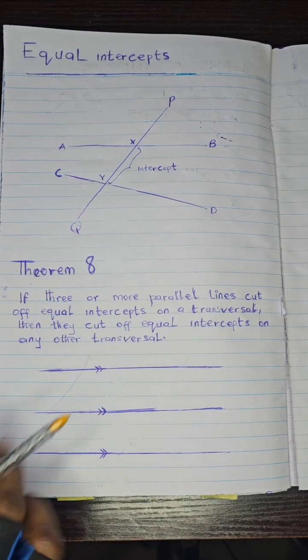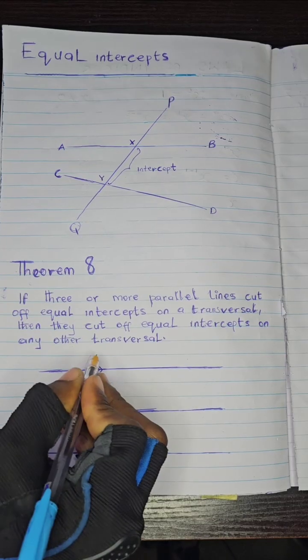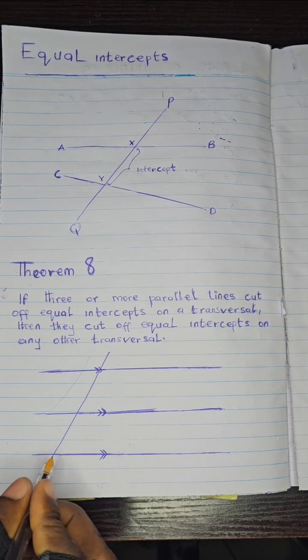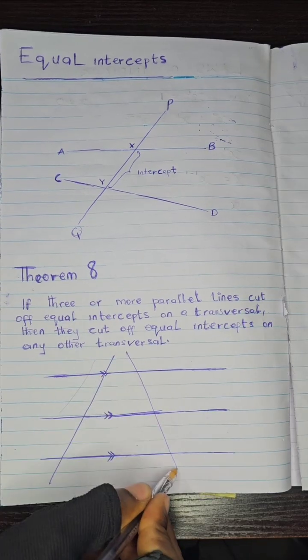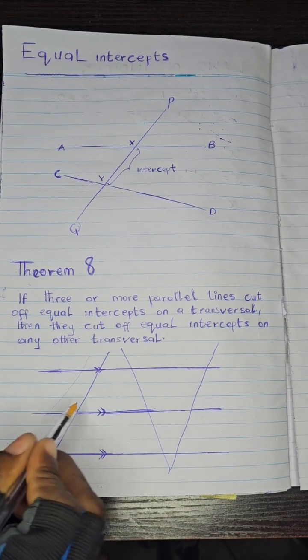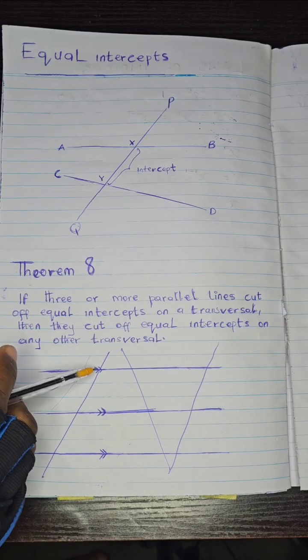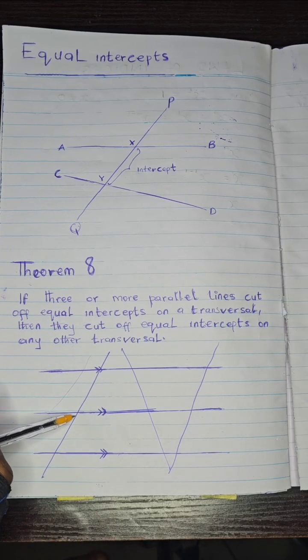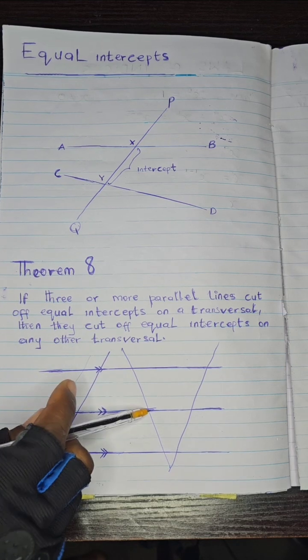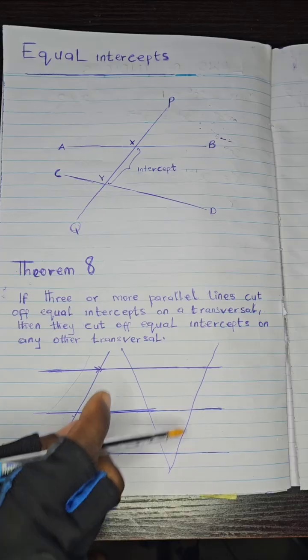We're really referring to 3 or more. So let's say these are 3 parallel lines, and you have a line passing through them like this. This is the first transversal. Even if you have another line like this, and another line like this, if you are able to confirm that this place to this place is equal to this place to this place, then you can be rest assured that here to here is also equal to here to here, and the same thing here to here is equal to here to here.